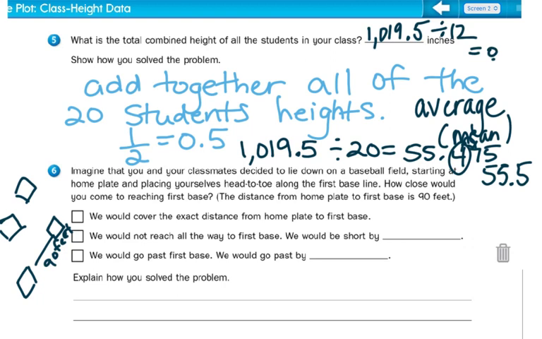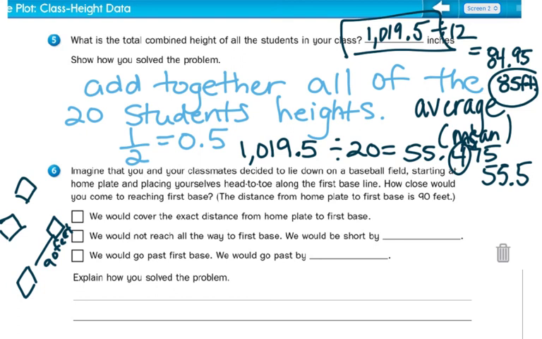So we have 84.95. We'll just cut it off there. So let's say we have 85 feet. Because remember, this is in terms of inches. So we want to convert that to feet by dividing by 12.